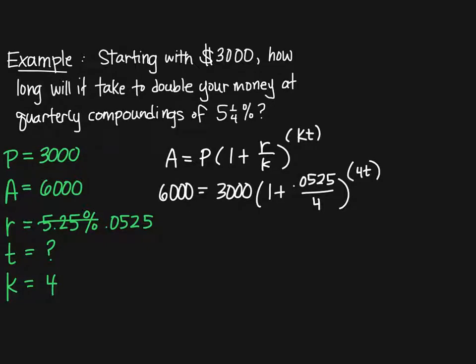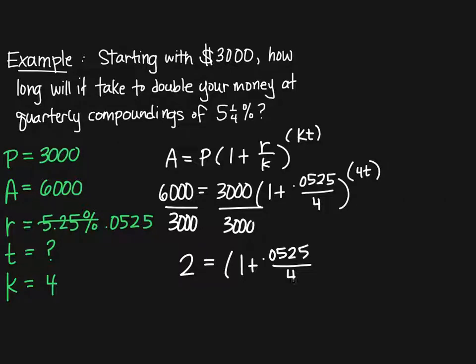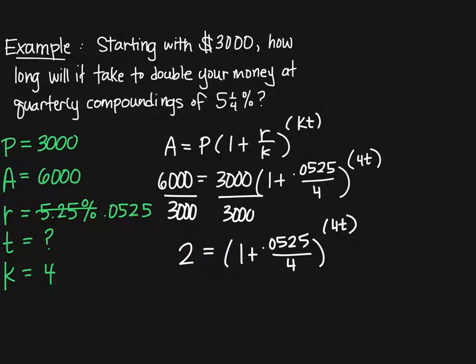All right, do I do a log first? No, got to divide first. All right, so what do we divide by? Okay, divide by that 3,000. That gives me 2. I still have parentheses, 1 plus 0.0525 over 4 to the parentheses 4t. All right, so I got rid of the 3,000.